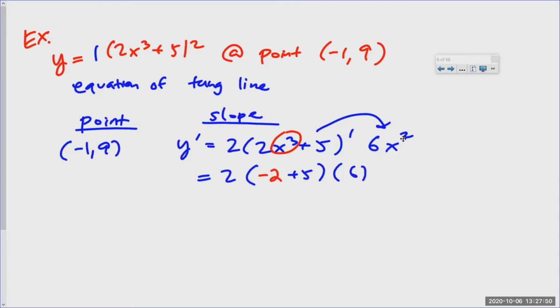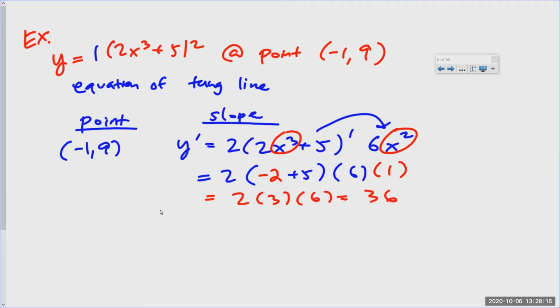I'm also going to multiply it by -1 times -1, which is 1. Okay, so this is going to be 2 times 3 times 6, which is 36. So I plugged in a -1 before I even simplified this, and it doesn't matter when you do it. You can do it before or simplify and do it after. You're going to get the same answer. Okay, I've got a number for the slope, which was my goal.